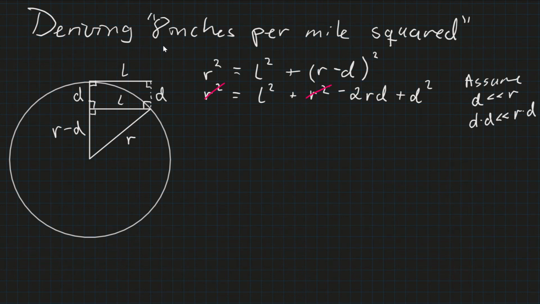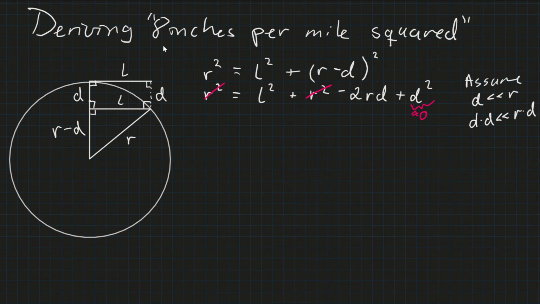Multiplying by both sides won't change this assumption. And what that means is that the d squared term is going to be much less than the 2Rd, and so it's not going to have any significant effect on the result. It's going to be too small, and we're approximating it to 0.